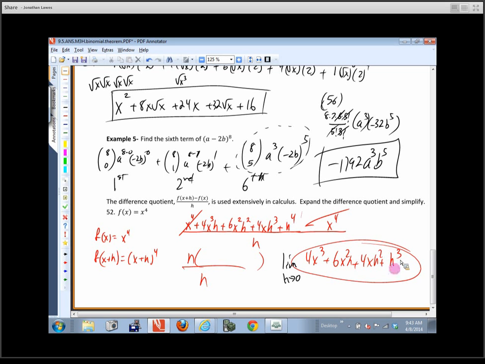That would turn into 0, that would turn into 0, that would turn into 0. Does that one have an h in it? So does it change at all? Nope. So if we took the limit as h approaches 0, it would turn into 4x cubed. And that's something called a derivative, and we do that for about 2 months in calculus. Any questions?